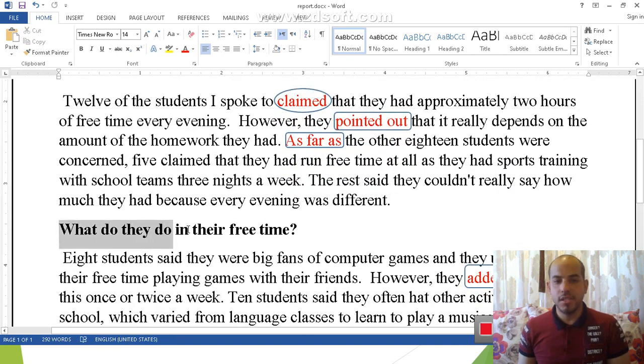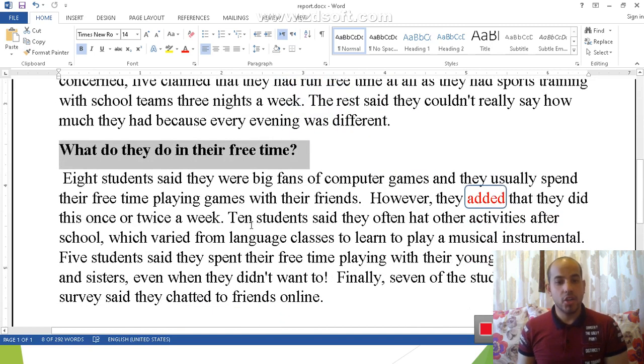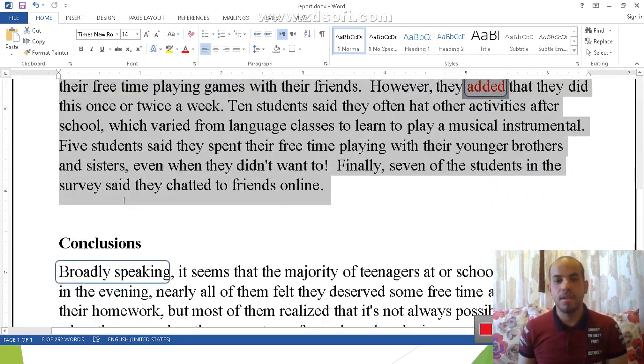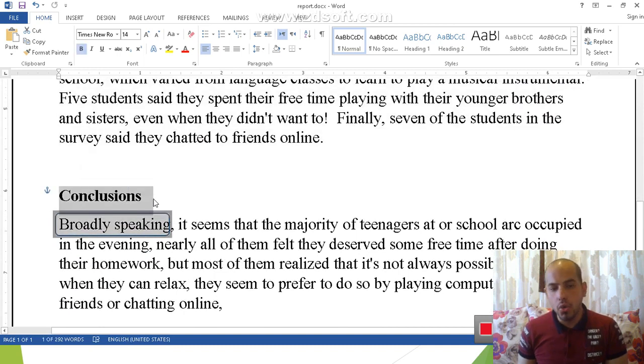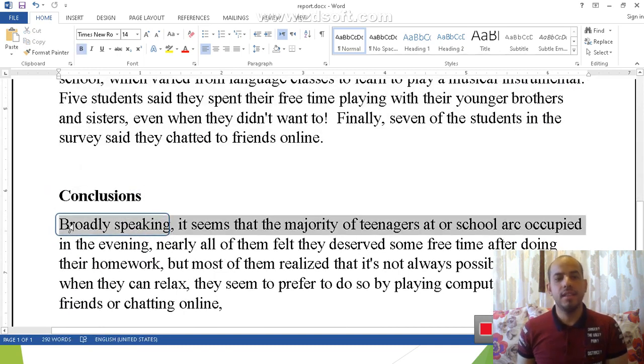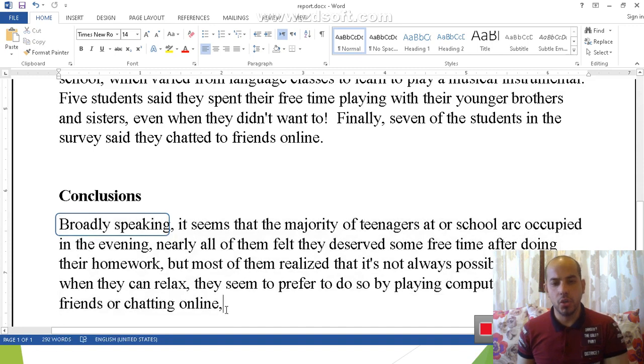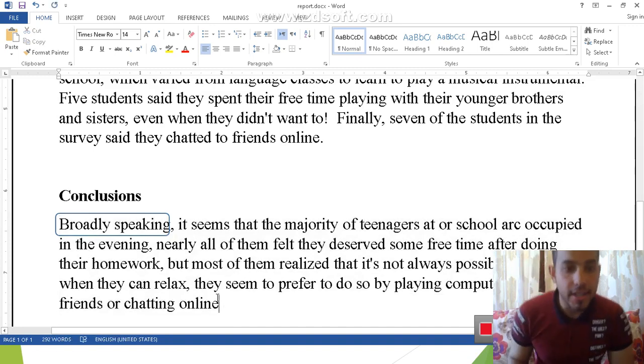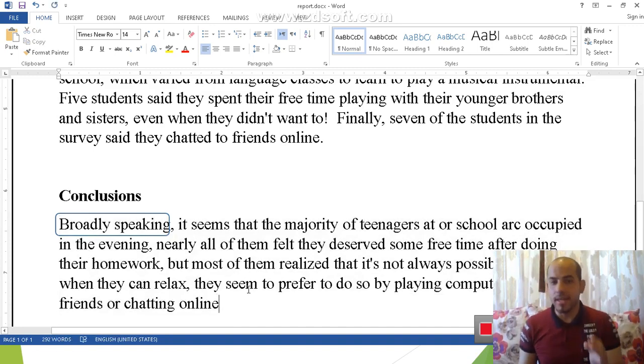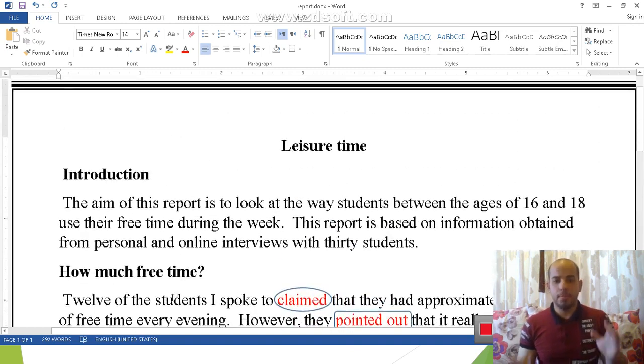This is the third part, the second question, and also I have analyzed the question. And finally, this is the conclusion. Okay, so what you are going to do is to write a report that includes 4 paragraphs.